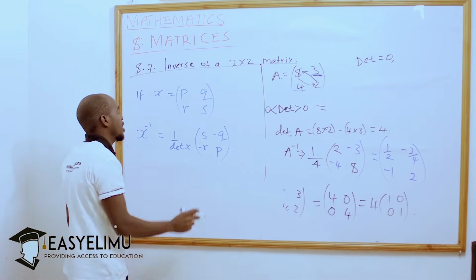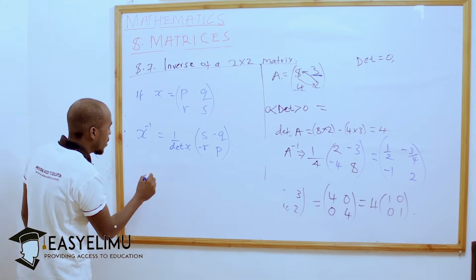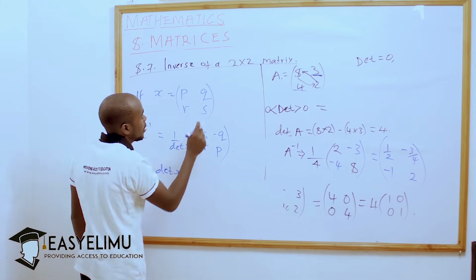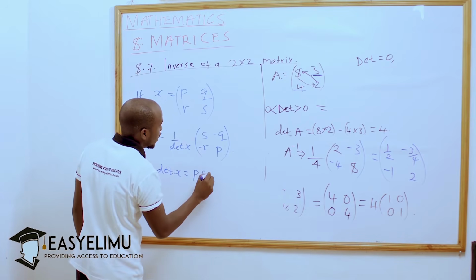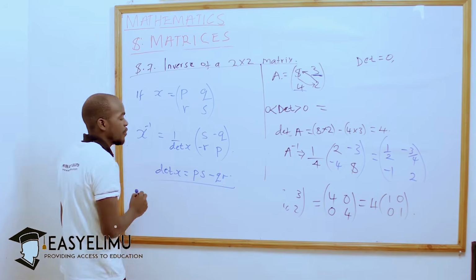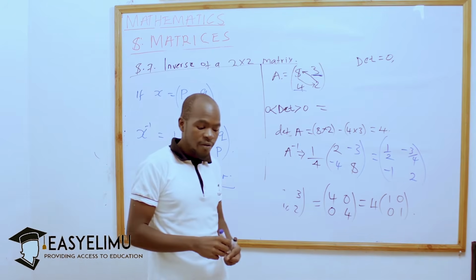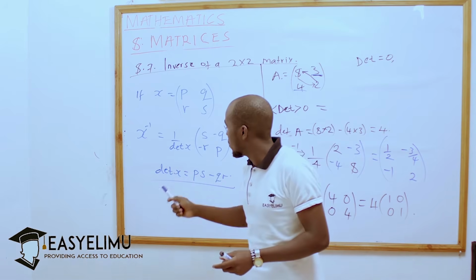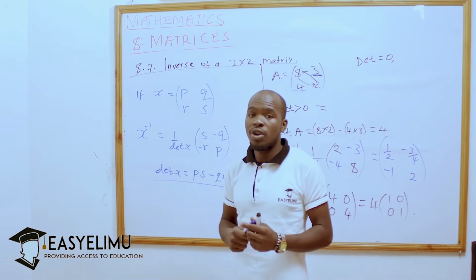Whatever you find here will be X inverse. And remember, the determinant of X is the leading diagonal product minus the other, which is PS minus QR. That is how we find the determinant of a given matrix. If the determinant is 0, know that the matrix has no inverse.